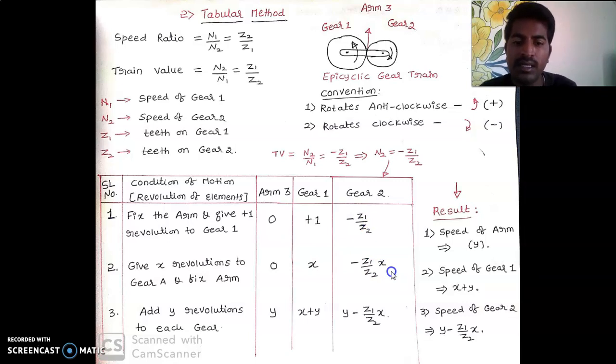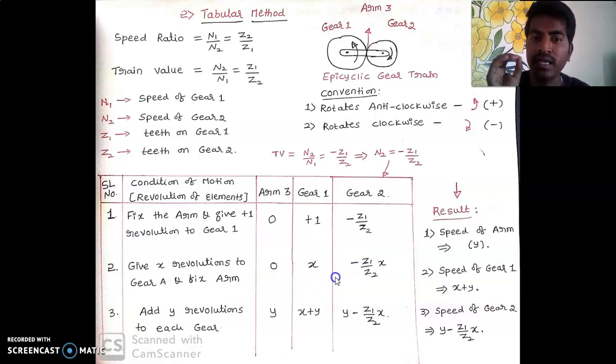Simple. Then third row, add Y revolution to each of the gears. Add Y revolution to each of the gears, or in simple words, just add Y to the second row. See, in the first row we have given 1 revolution. In the second row, to get the second row values, we are just multiplying X to the first row, right?